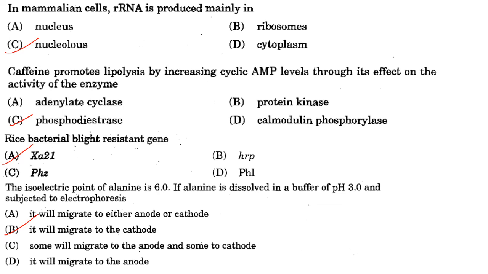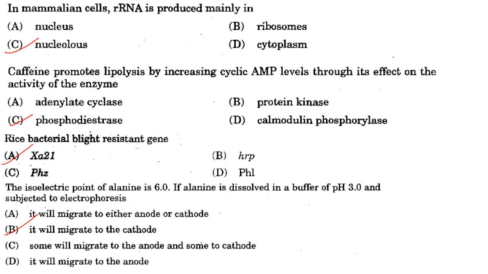If alanine is dissolved in a buffer of pH 3 and subjected to electrophoresis, so what will happen? At pH equal to pI, the amino acid is zwitterionic and carries no net charge. This is called the isoelectric point of the amino acid. At this pH value, the amino acid will be stationary in an electric field, that is pH is equal to pI.